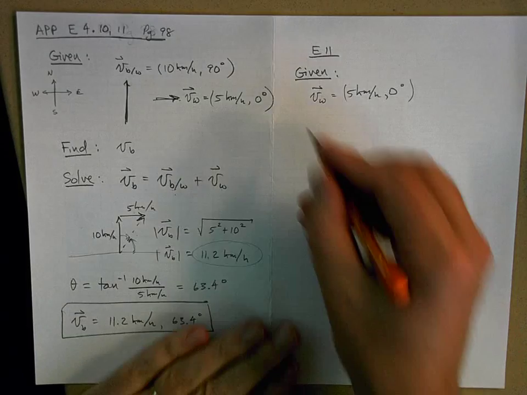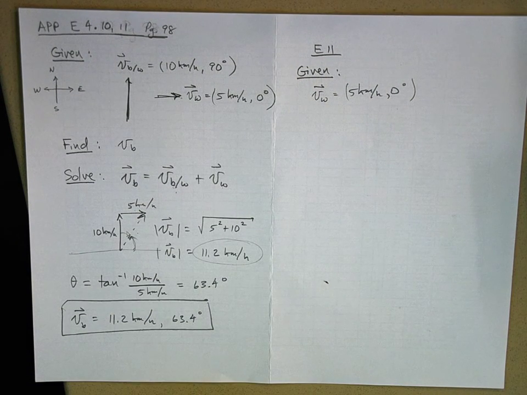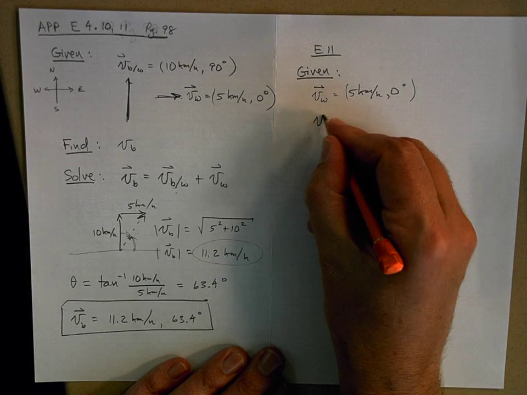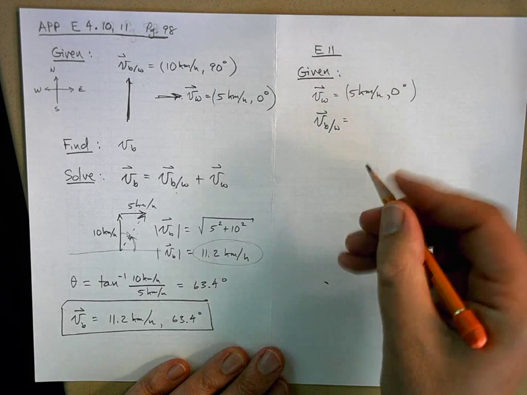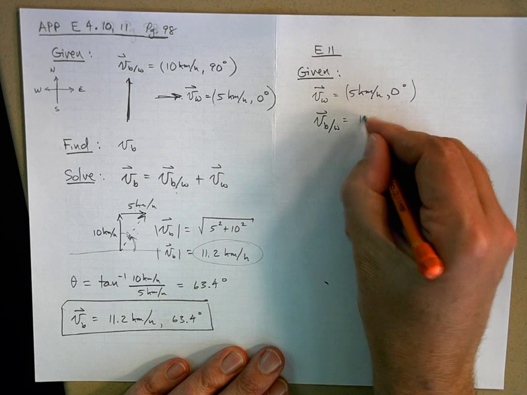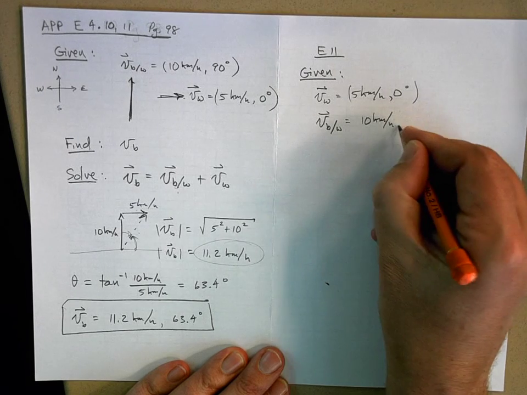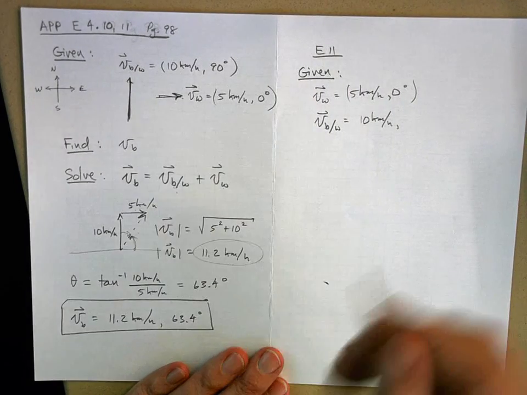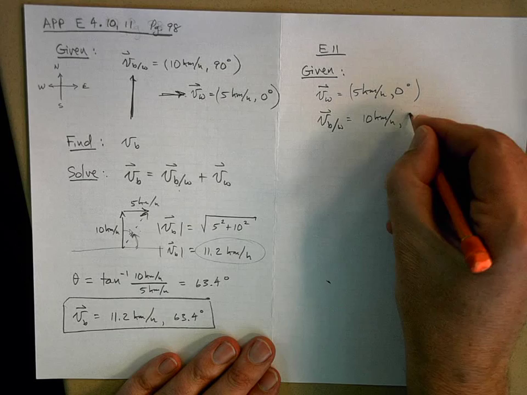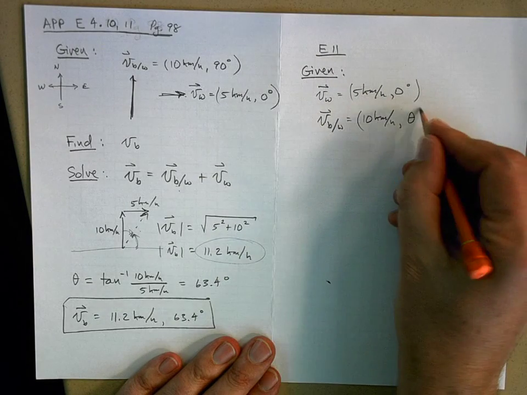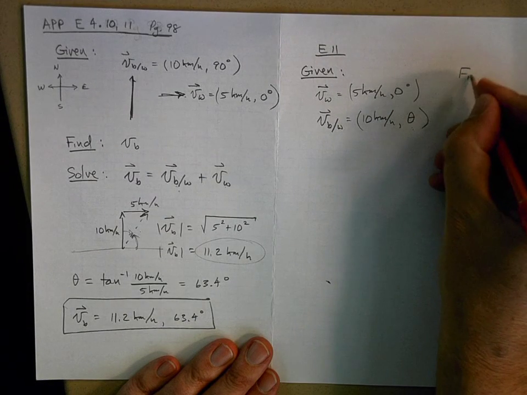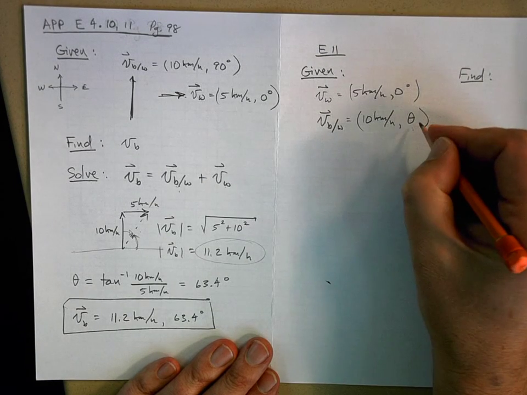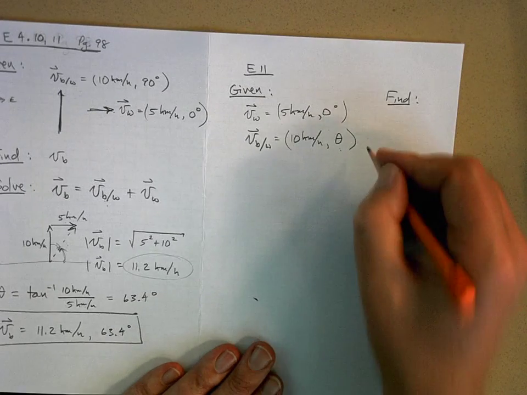It says, if the boat, it's still got the velocity of the boat compared to the water equal to 10 kilometers per hour, but you don't know what this angle is. That's not given. In fact, that's what you're trying to find. The heading. How should you point the boat?